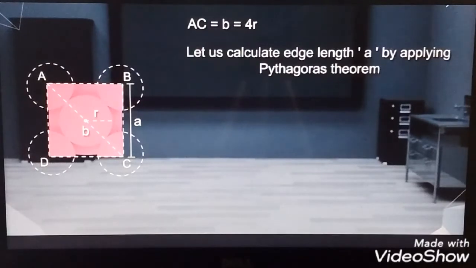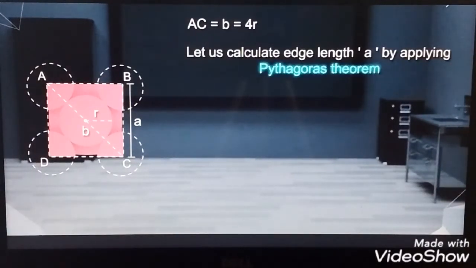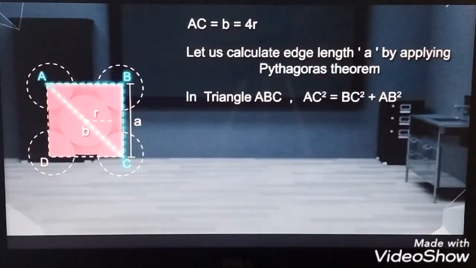Now, let us calculate the edge length A by applying Pythagoras theorem. In triangle ABC, AC square is equal to BC square plus AB square. B square is equal to A square plus A square.